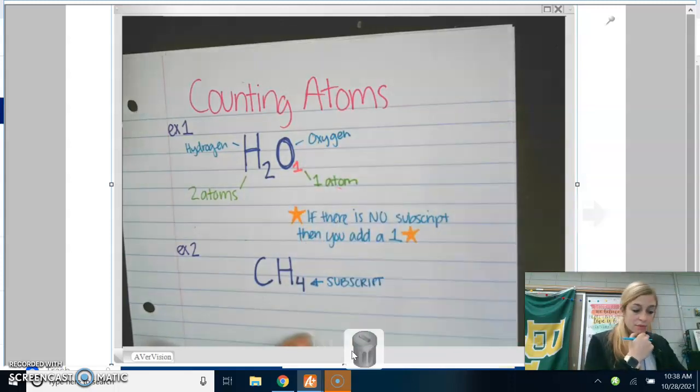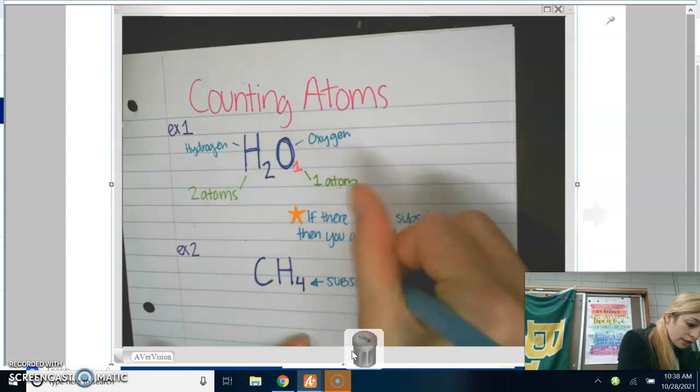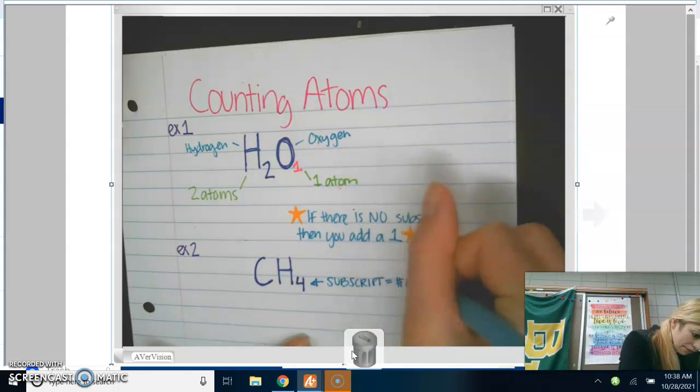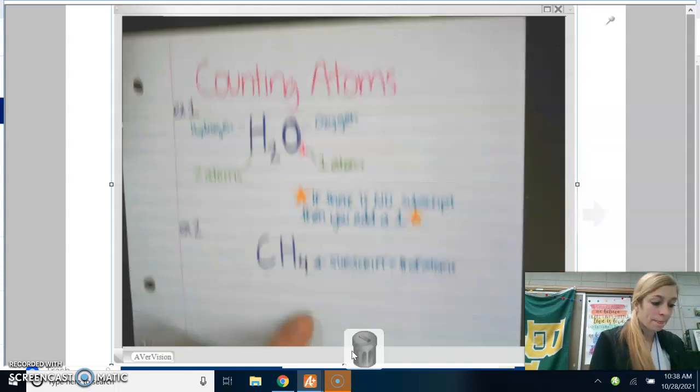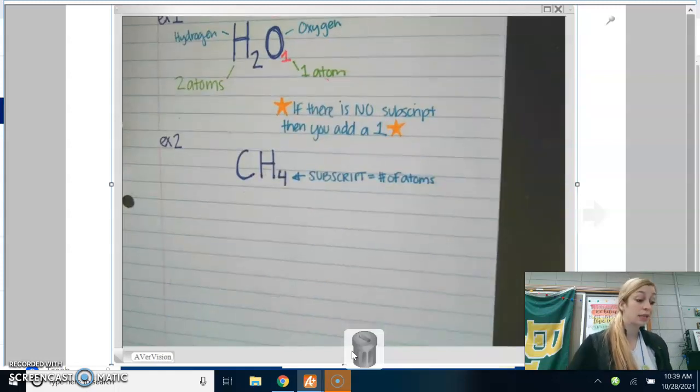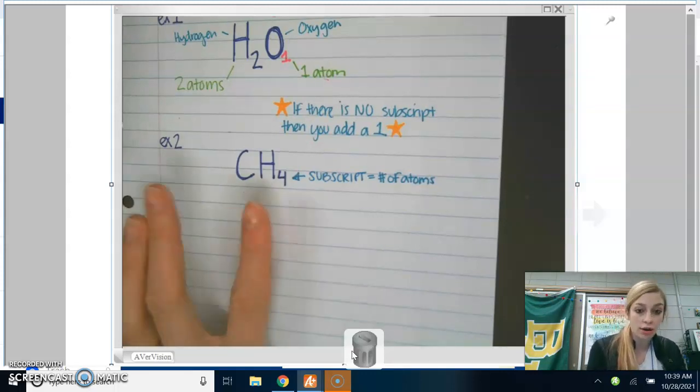So that small number is a subscript, and it is equal to the number of atoms. Now let's go through the rules to complete this problem. For this example, our question would ask how many atoms are in this compound.